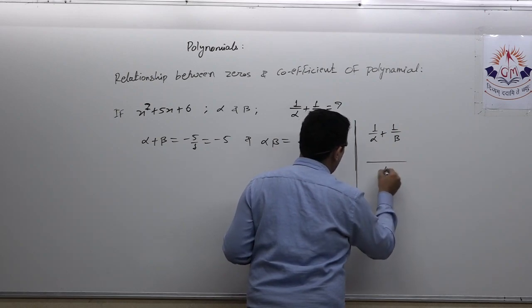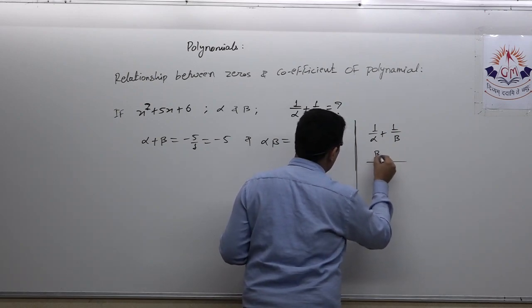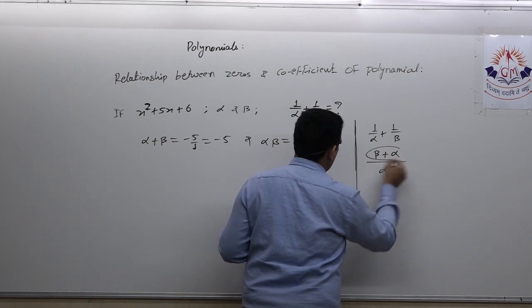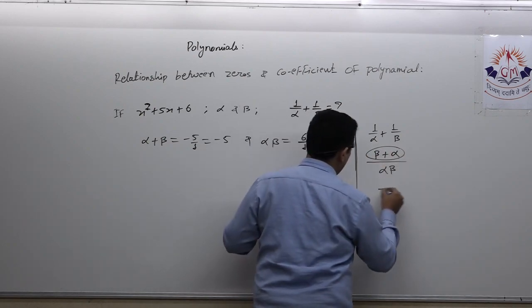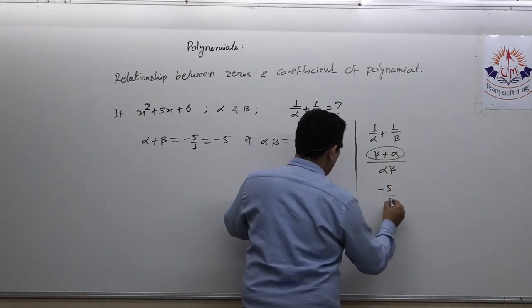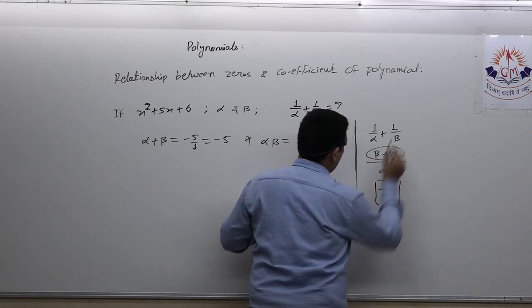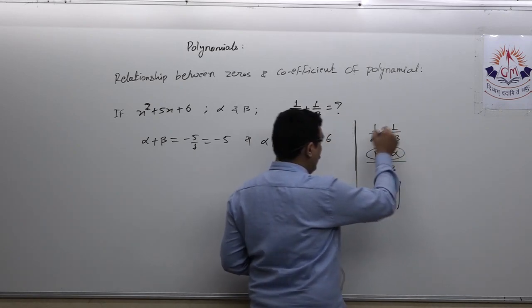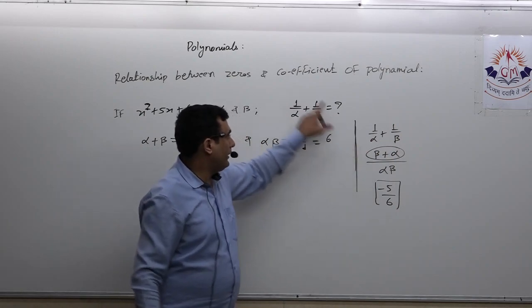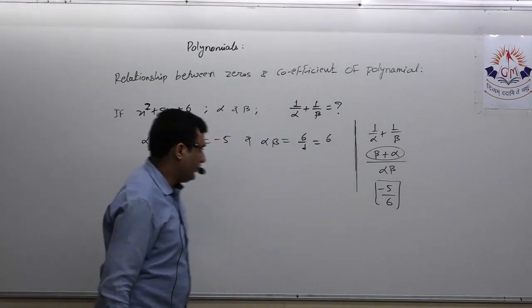If I take the LCM, this will become alpha beta in the denominator and beta plus alpha in the numerator. Now alpha plus beta is minus 5 and alpha beta is 6, so the answer is minus 5 upon 6. So without actually obtaining alpha and beta, it is possible to get the value of this type of expression.